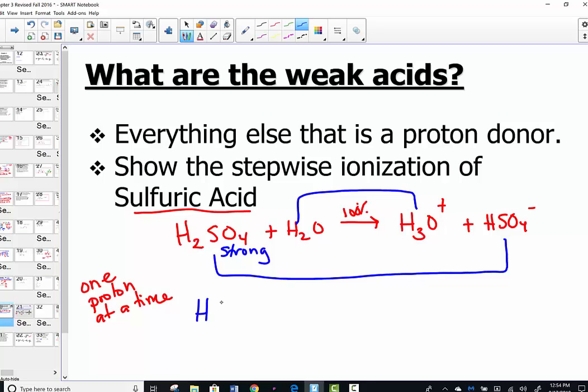In the next ionization, HSO4- ion, when it starts to dissociate, it is not one of the 7 strong acids. It is not the one that we memorize. It's very different than its parent acid, H2SO4, which means that it struggles to release that second proton.